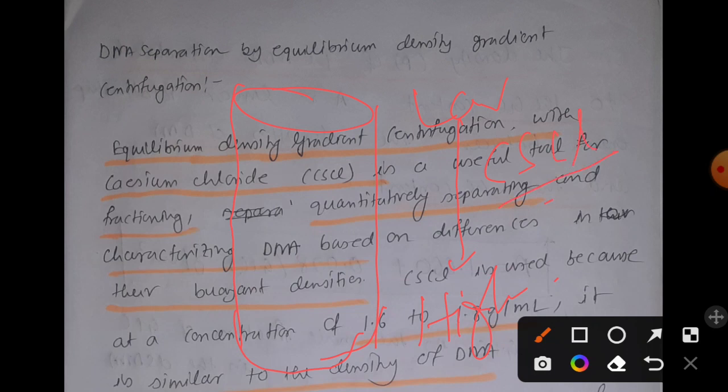chloride. So why are we using cesium chloride to separate DNA molecules? We are using it because cesium chloride has a similar density to DNA at a concentration of 1.6 to 1.8 gram per milliliter, and that is useful to separate DNA molecules.